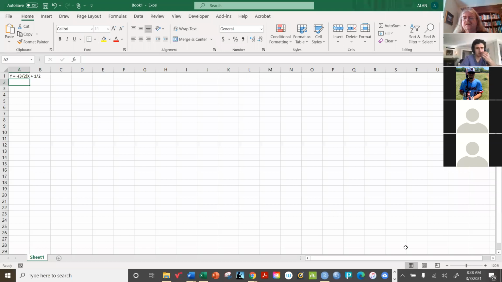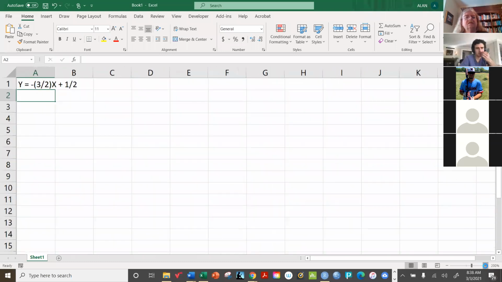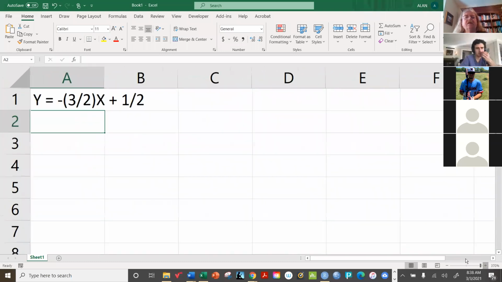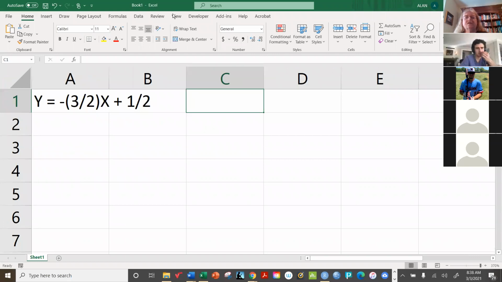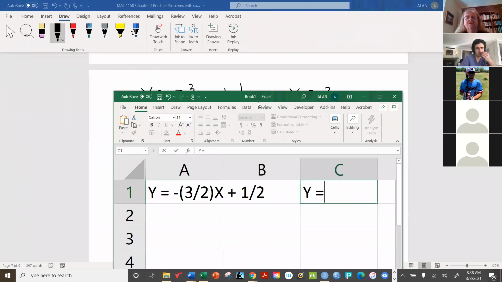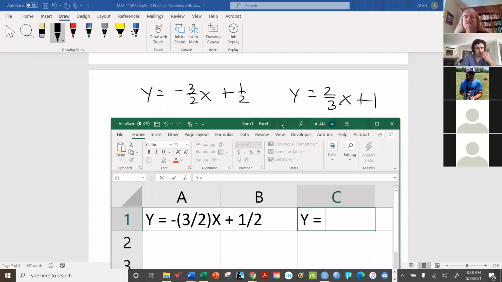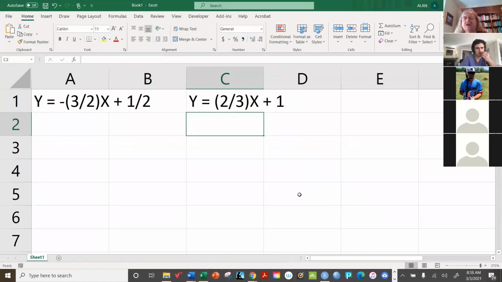Let me make this a little bigger. And over here we have y equals 2/3 x plus 1. So I'm going to create a chart that I'm hoping will show what we're looking for.